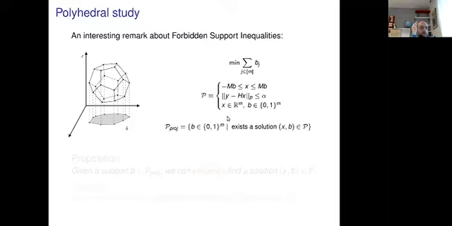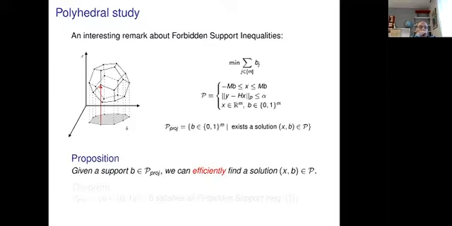This is really based on the other proposition that I told you before, but the nice thing is that if you give me a feasible support, then I can very efficiently lift that point to obtain a proper solution x.